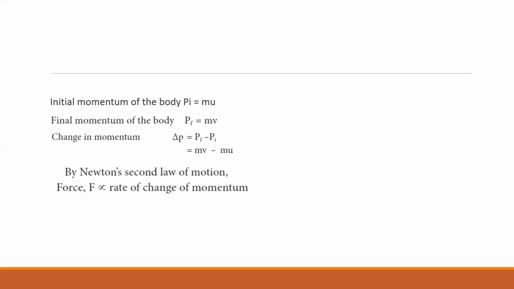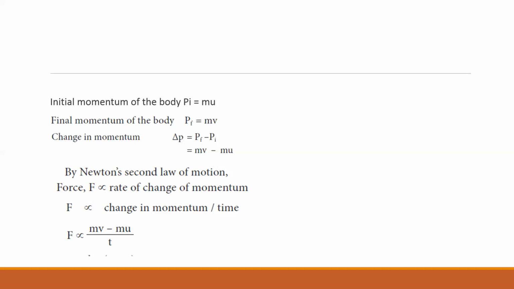You pronounce it as F is proportional to the rate of change of momentum. Rate of change of momentum is change in momentum by time. Whenever you say rate, that is divided by time.